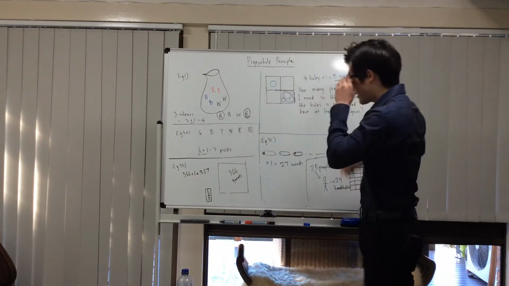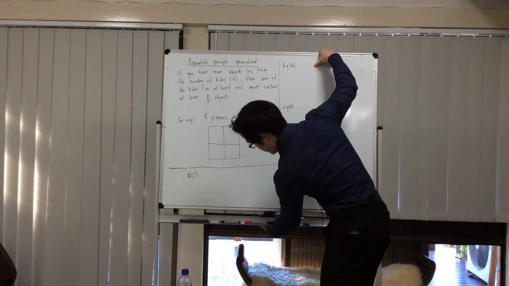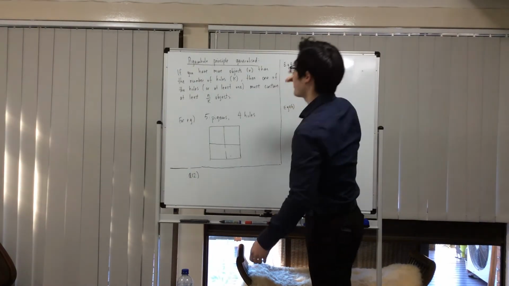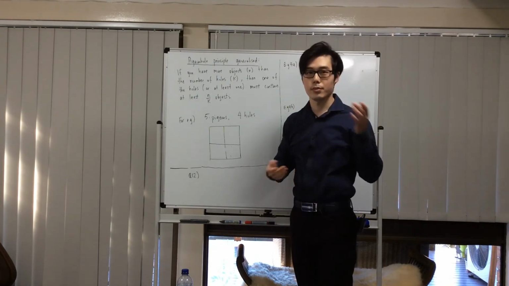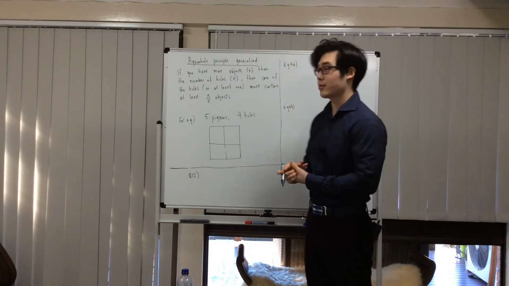Okay, so for the next part of the Pigeonhole Principle, we're going to have a look at a more generalized principle. I've reworded this to make it easier to understand.